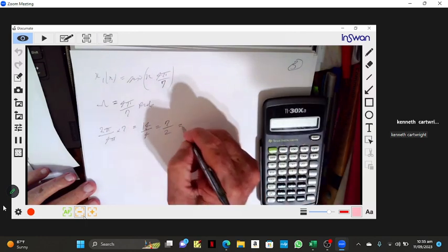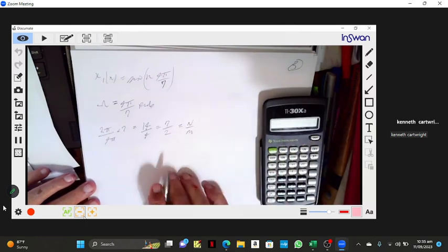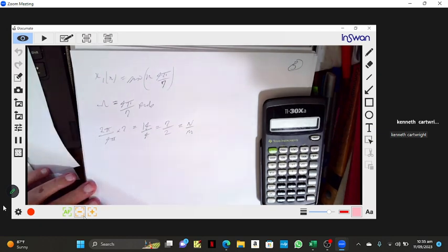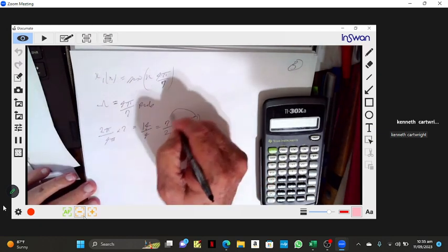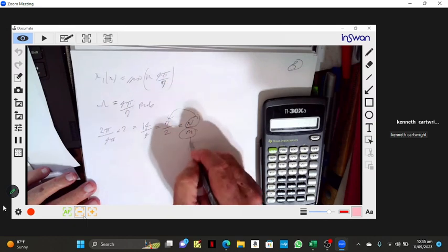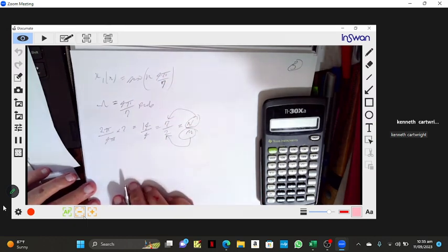So that's equal to what? N over M. That's a rational number, where N is 7 and M is 2. So my digital period is 7 samples.